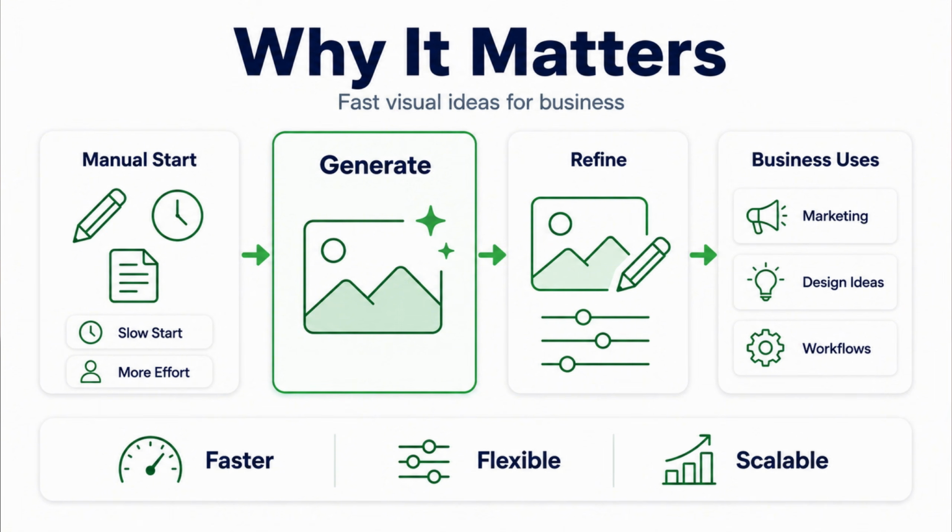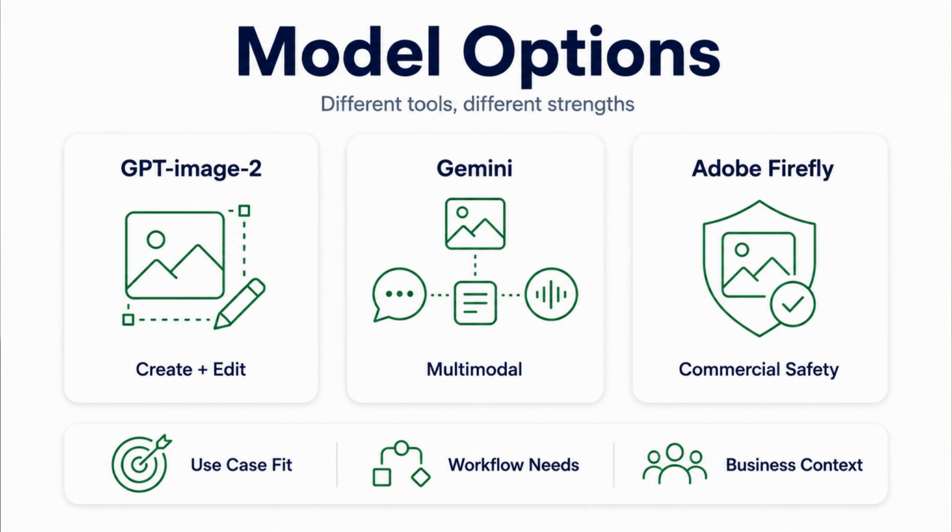So image generation is no longer only about creativity, because it is increasingly becoming part of the normal business workflow as well. And today, different image generation models are available for different types of use cases. Like GPT Image 2 supports image creation and editing workflows, Gemini can support multimodal generation scenarios, and Adobe Firefly is often preferred in environments where commercial safety and licensing are important.